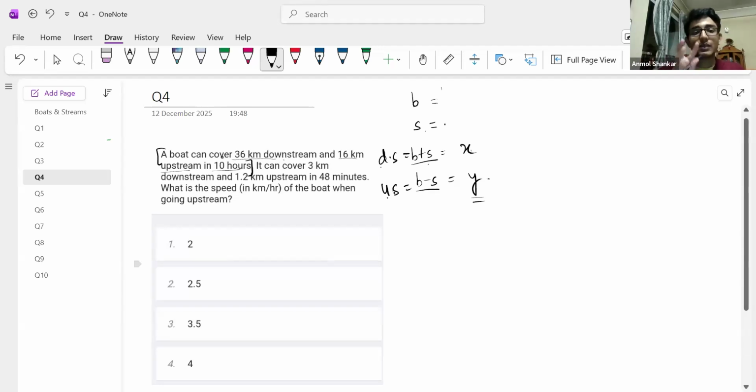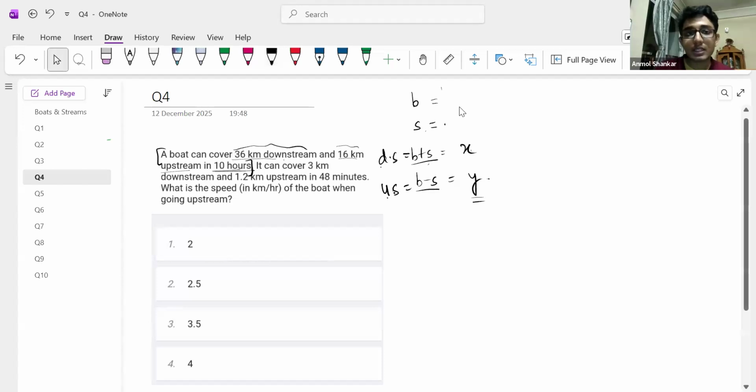Together there is one common entity, the total, which is 10 hours. So we have to form our equation using the 10 hours, meaning the equation has to be in time, not speed or distance. Time in the first condition plus time in the second condition is equal to the total time.